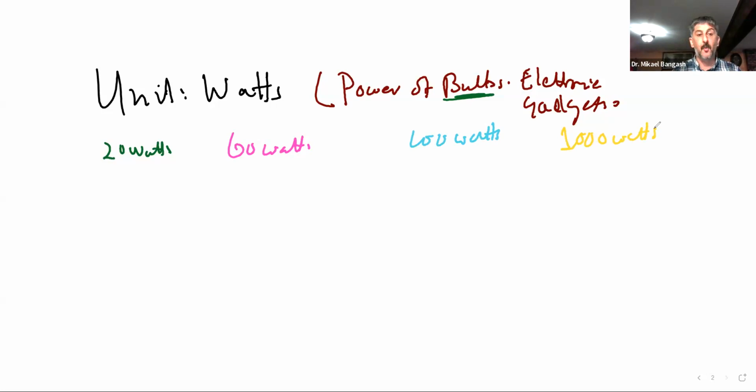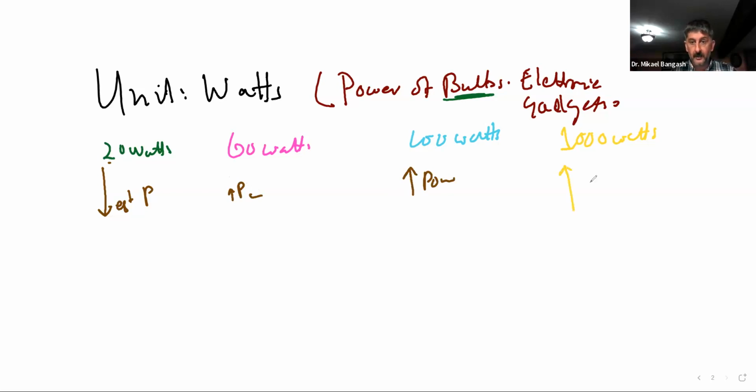So what do the different watts here mean? You can mainly say that this watt bulb here is going to be the one that uses the least power. This one here may use a little bit more power than the 20 watt. This one here may use more power than these bulbs here. And this one here is going to use the greatest amount of power.